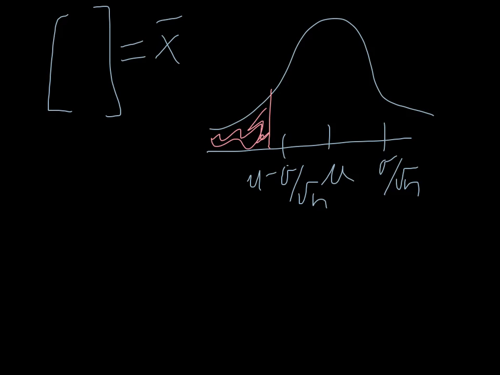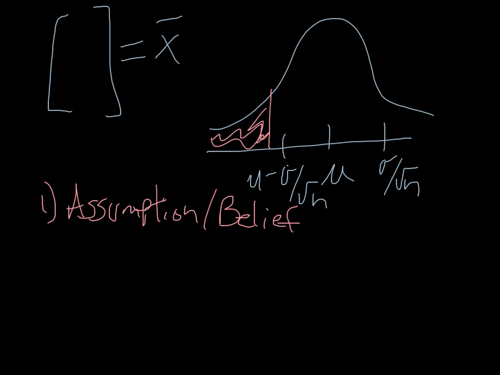Number one, you have some assumption or a belief. In this case, let's assume that I believe that the population mean is 30 or 3 or whatever. I guess my pen just wrote a 3. I don't like 3. Let's say I believe that my population mean is 5.